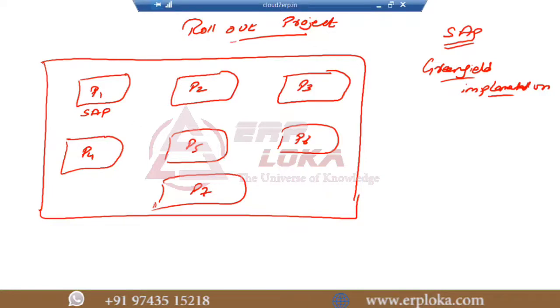As soon as this is done, SAP is implemented in one plant, and plant 1 has gone live, and they are working on SAP. They are comfortable using SAP. So only this plant's functionality will work in SAP. Everything else will work in Microsoft Dynamics.